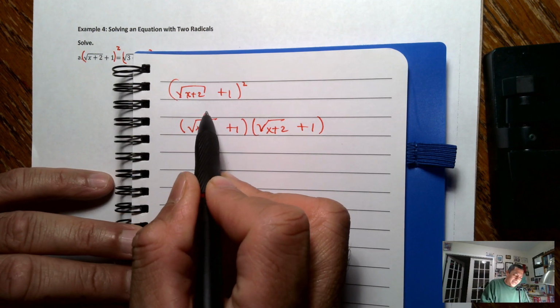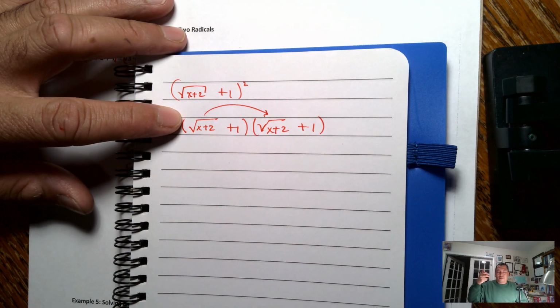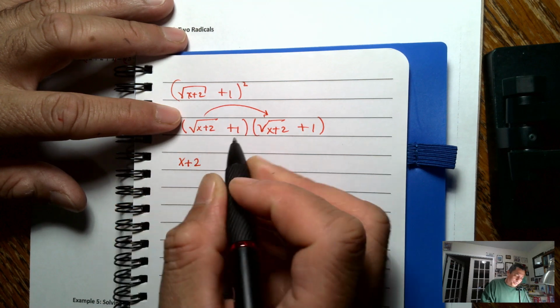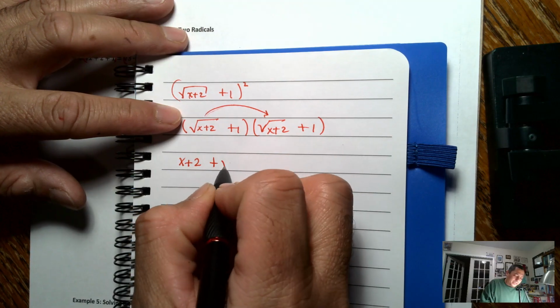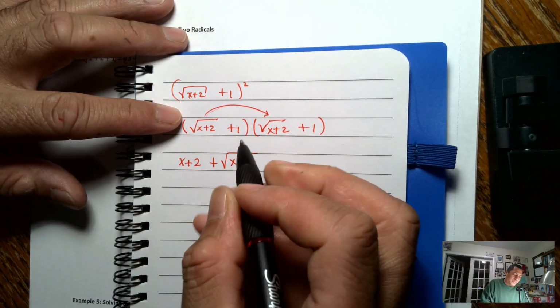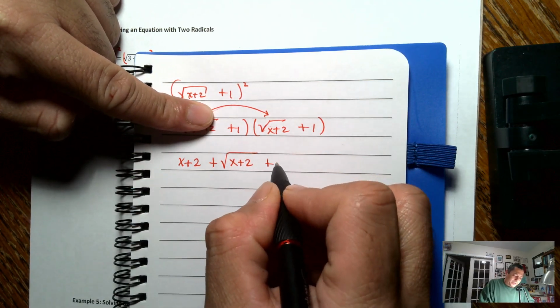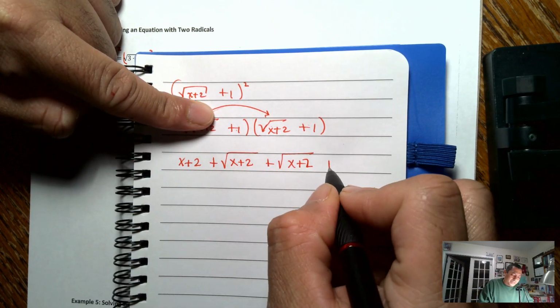So if you multiply these two, it is a radical to the second power, so the radical will go away. So I have x plus 2. Then I have the square root of x plus 2 times 1, plus the square root of x plus 2. Then 1 times the square root of x plus 2 is plus the square root of x plus 2. And then 1 times 1 is plus 1.